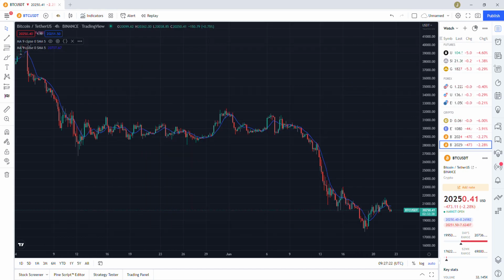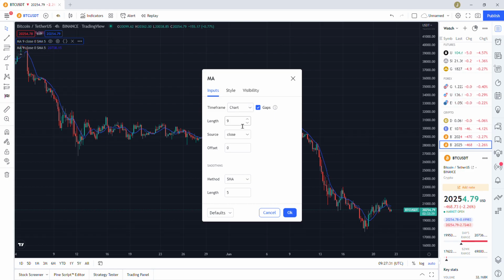So I've added two moving averages now, so I need to edit them to know what I'm about to use. For these simple moving averages, I use 25 here. You can set this to 25.